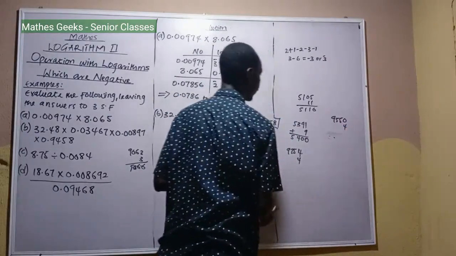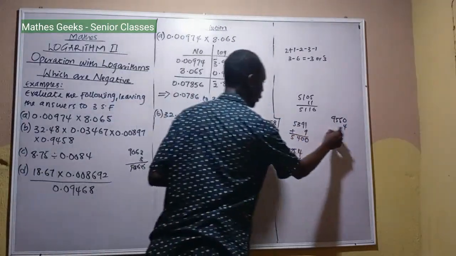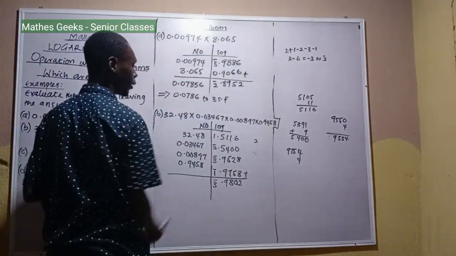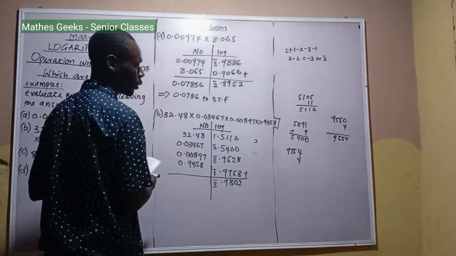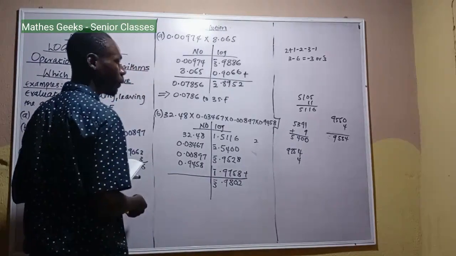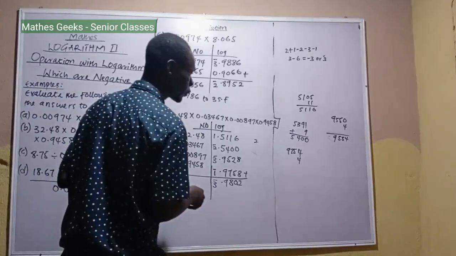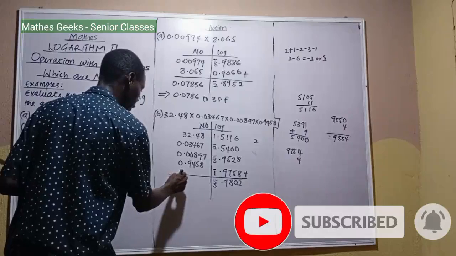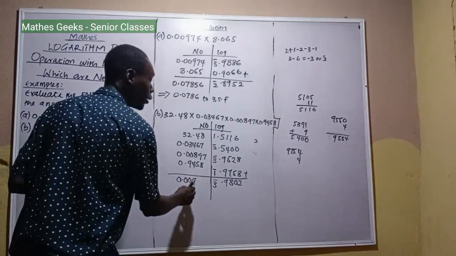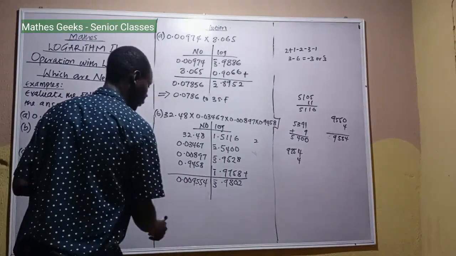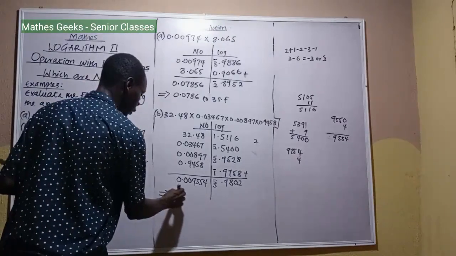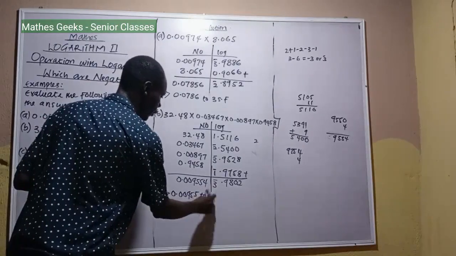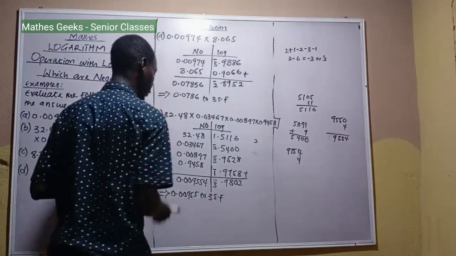That's 9554. So that gives us 9554. Since the characteristic is bar 3, it tells us that there are 2 zeros between the decimal point and 9, which is the first significant figure. So this is 0.009554. So this implies that the answer is 0.00955 to 3 significant figures.